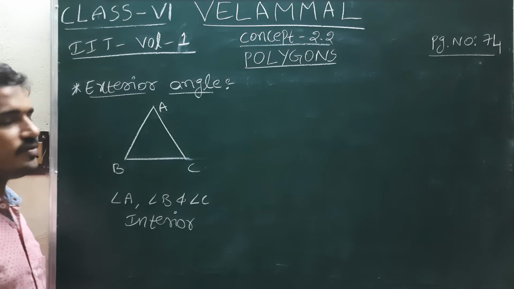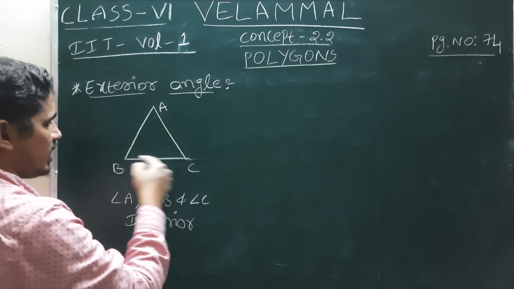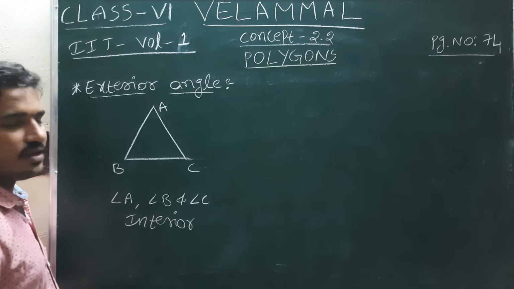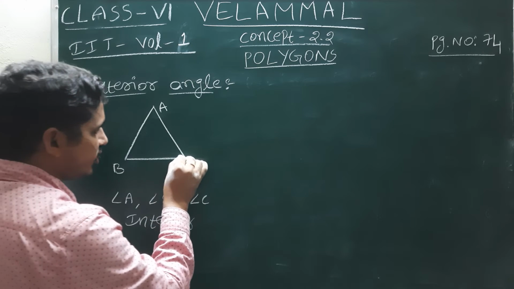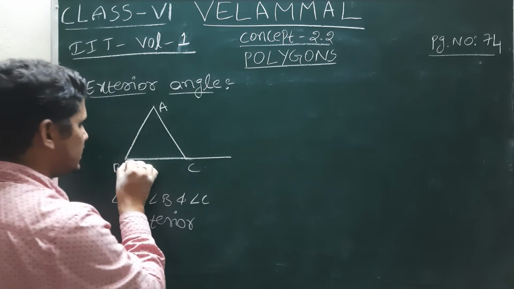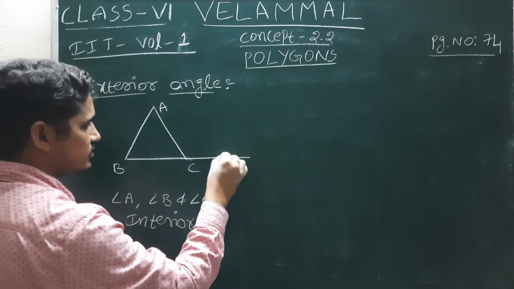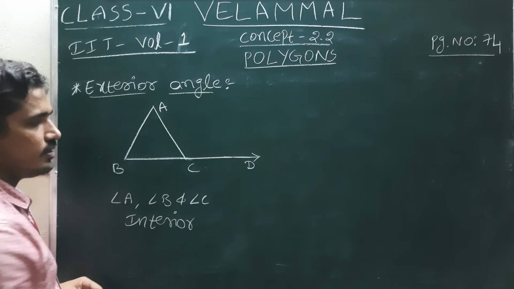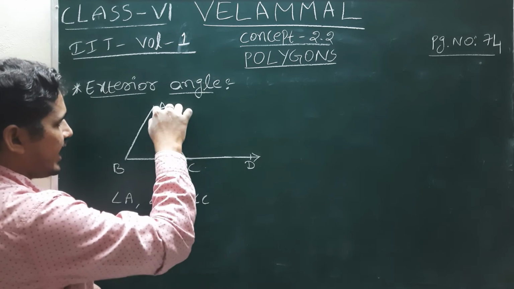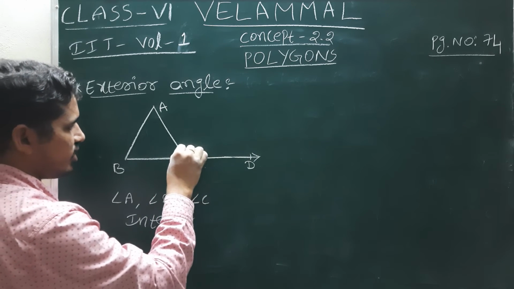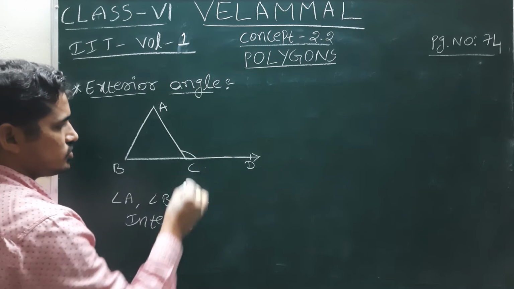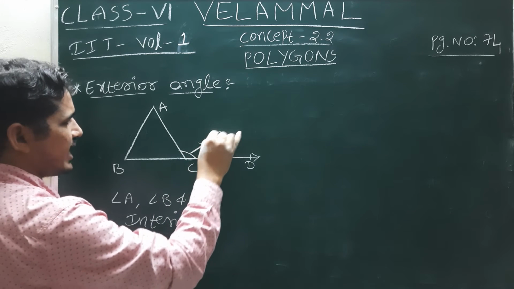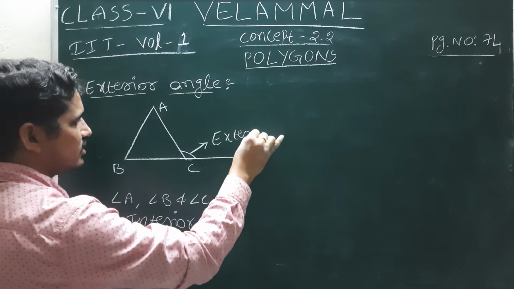How the exterior angle will come: among the three sides of the triangle, if we extend one, that means BC, I am extending like this up to D. So here angle ACD we can form. This angle is called the exterior angle of the triangle.